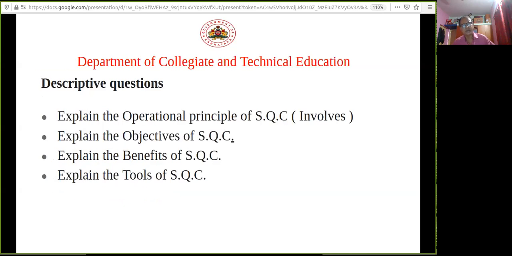And then in the sessions, we have studied the explanation of the operational principles of SQC. So what is involved when you go for SQC? It is nothing but the sample. We take the sample, the sample will be inspected, and we will collect the data. After collecting the data, we condense that data in the form of charts, and the charts will be pasted on the machine.